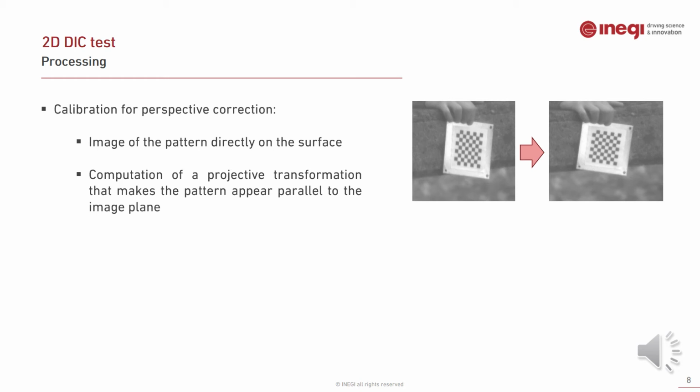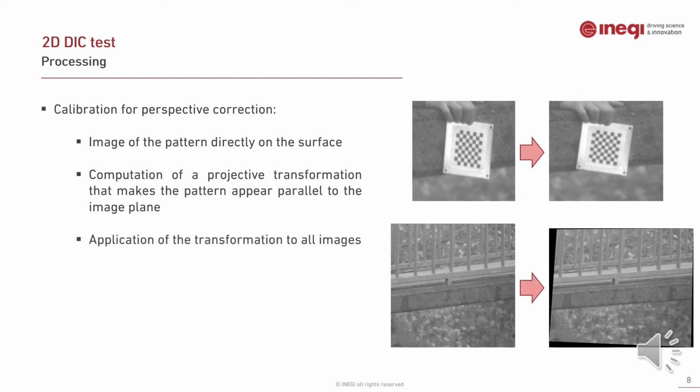So we're making these squares of the checkerboard pattern also look square in the image, and so we make the whole surface look flat. And so then we just apply this transformation to all the acquired images, and the surface against which the pattern was pressed will look flat.